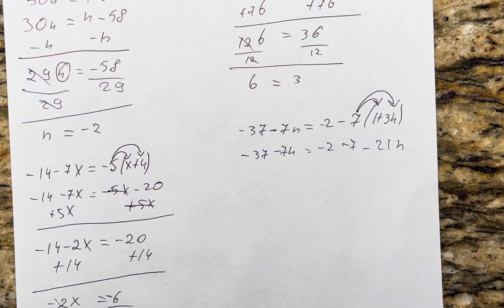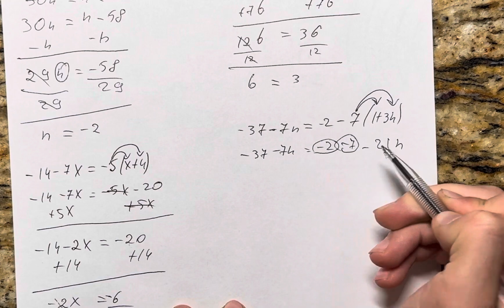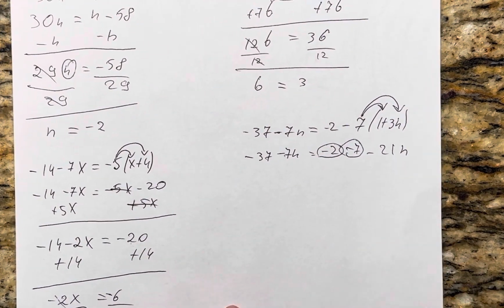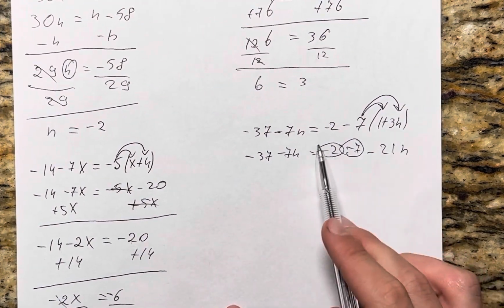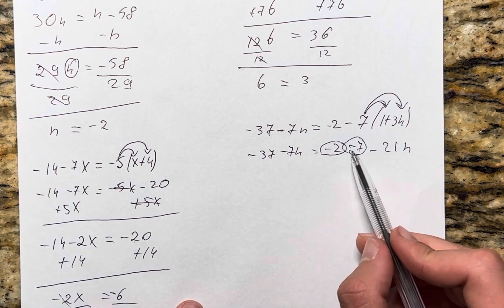Again, we can do, well, first of all, we have to combine like terms. You see, this one and this one, they're both numbers, and they're on the same side outside the parentheses. So what we'll do is add them up.